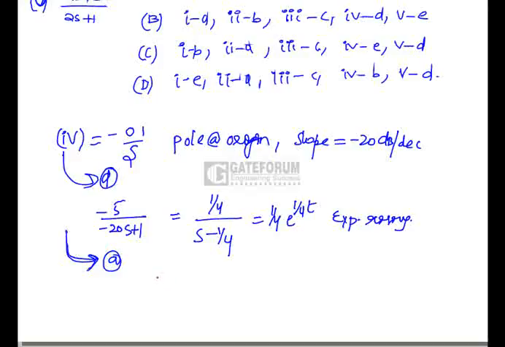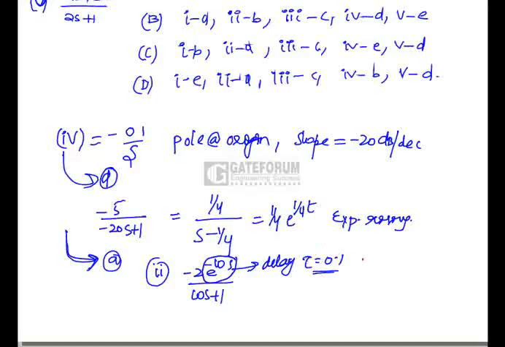Similarly, you can observe transfer function 2. It is given as minus 2 into e power minus 10s by 10s plus 1. What does this e power minus 10s represent here? It represents a delay; since e power minus t by tau is the representation, the time constant is 1 by 10, so 0.1 seconds.